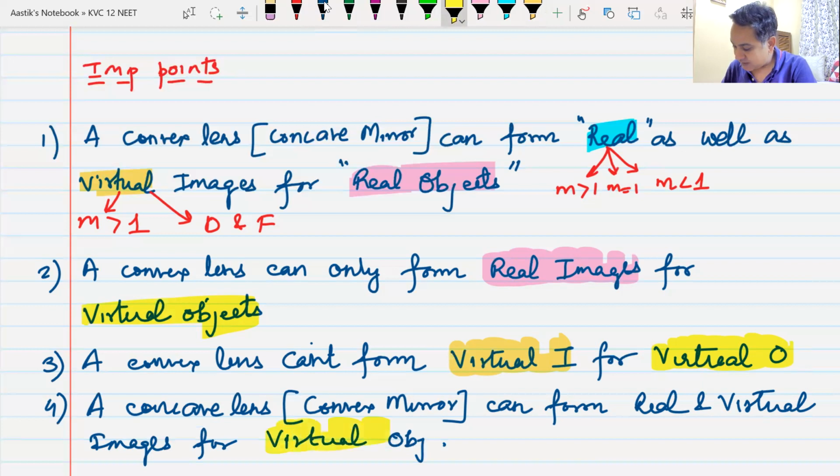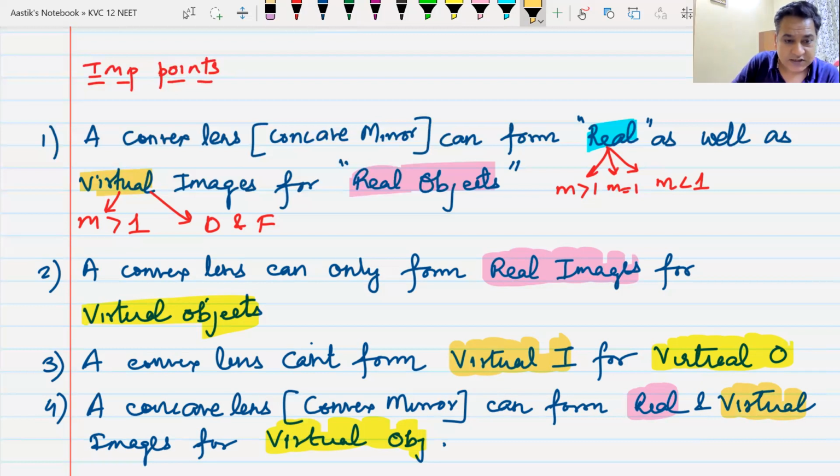For virtual objects, it can form real as well as virtual image. Now, how do you get virtual objects? You only get virtual objects when there is a combination of two. We will do a question in which you will be able to understand how this virtual object comes.